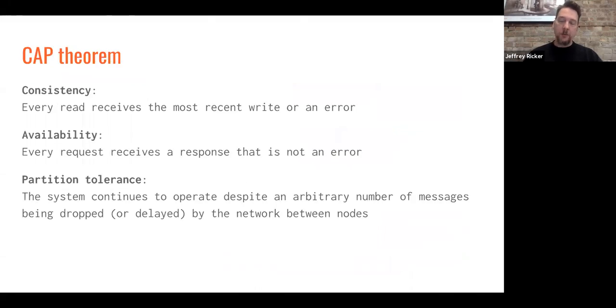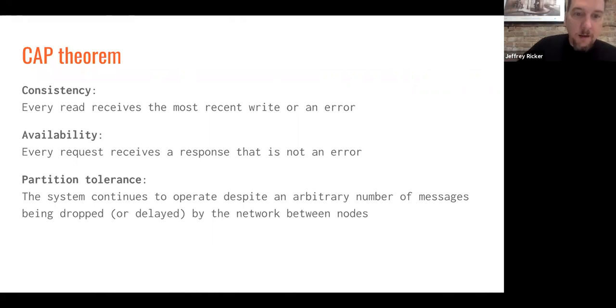So when you're dealing with these distributed databases, you're faced with the CAP theorem. And CAP stands for consistency, availability, and partition tolerance. So consistency, and this is different than ACID, right? Now with these databases, you're dealing with CAP. Consistency is every read receives the most recent write or an error, right? So all the instances have the same data at the same time.